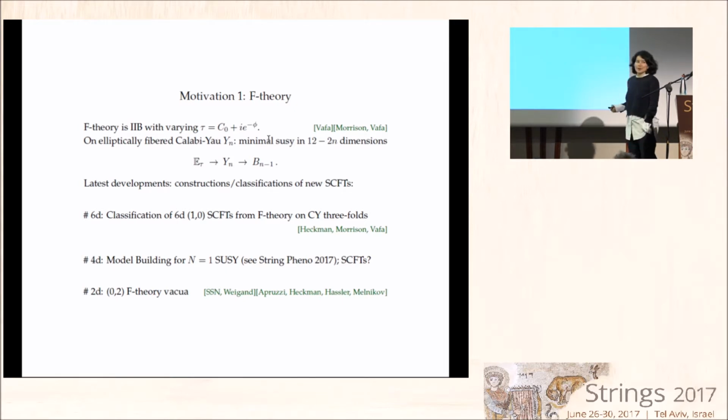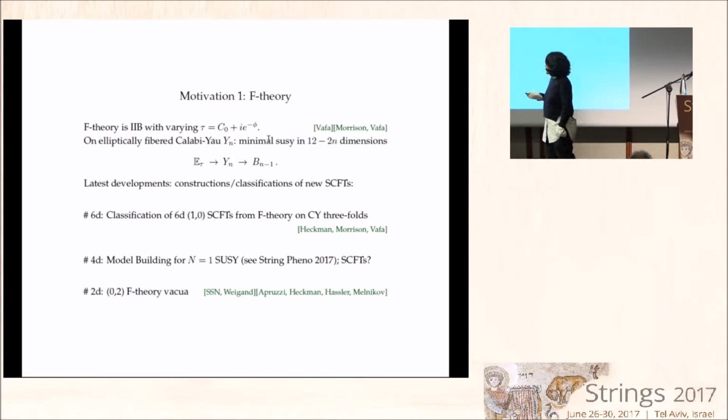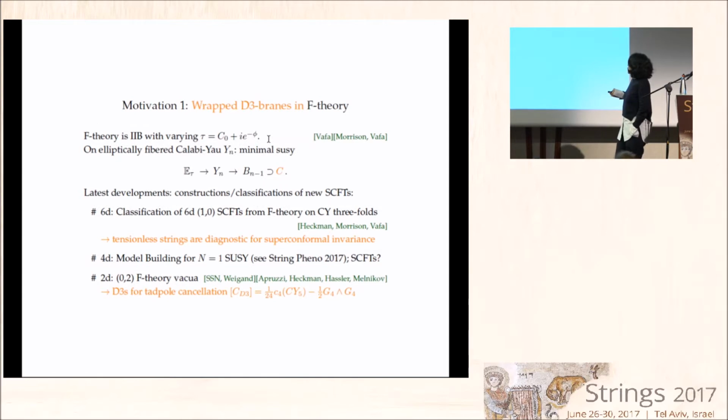I think there's no phenomenology talk at this conference here. And then something that's started in the last year: 2-dimensional F-theory vacua coming from Calabi-Yau 5-folds. So you put F-theory on a Calabi-Yau 5-fold, you get to 2 dimensions, and can study what type of theories we get here.